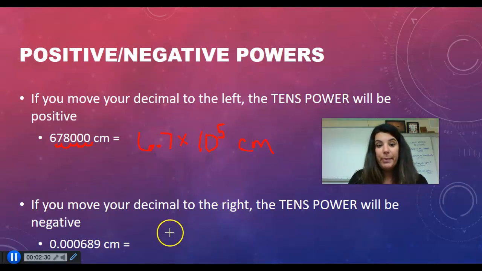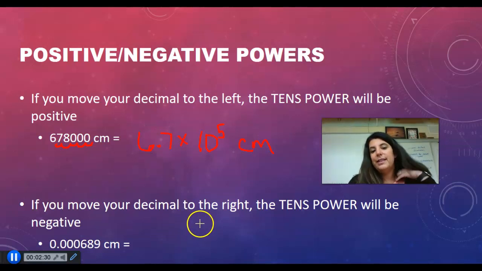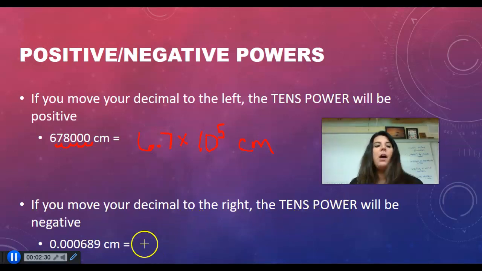I need to get an Apple pen so I don't look like a 3-year-old writing, right? If you move your decimal place to the right, the power of 10 will be negative. So in this case, we're going 1, 2, 3, 4.